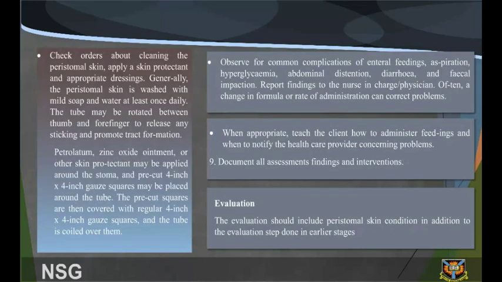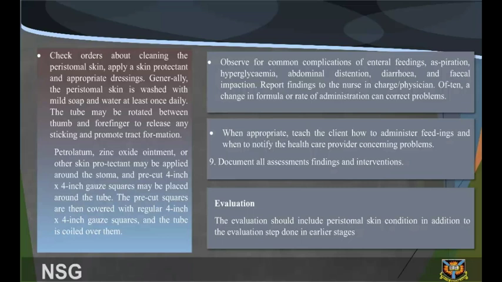Check orders about cleaning the peristomal skin. Apply a skin protectant and appropriate dressings. Generally, the peristomal skin is washed with mild soap and water at least once a day. The tube may be rotated between the thumb and forefinger to release any sticking and promote tract formation.